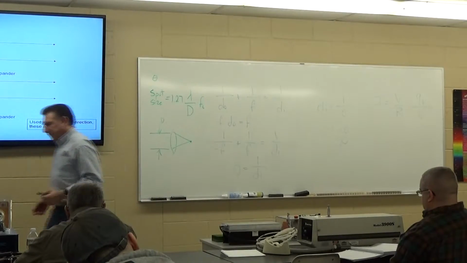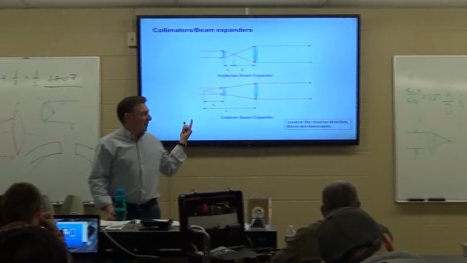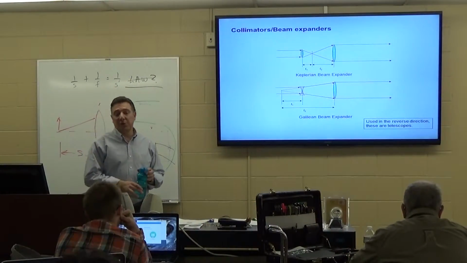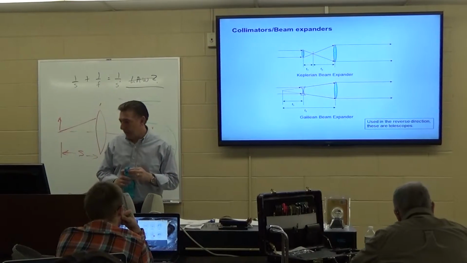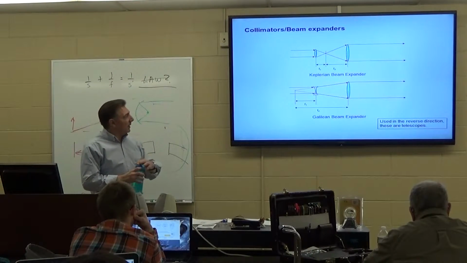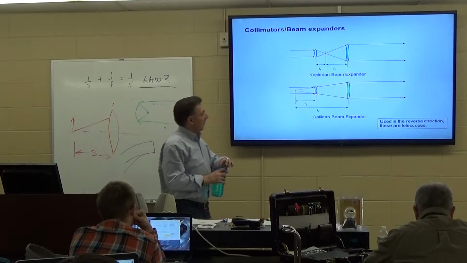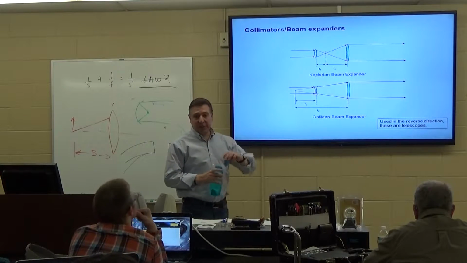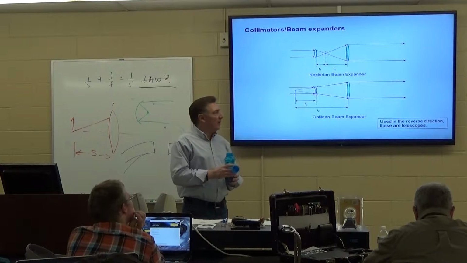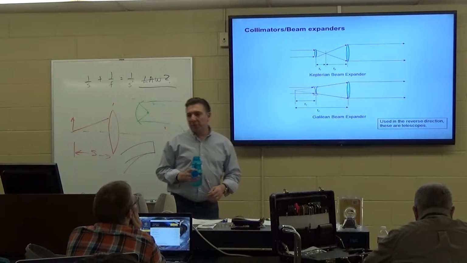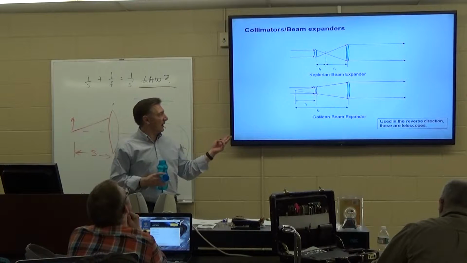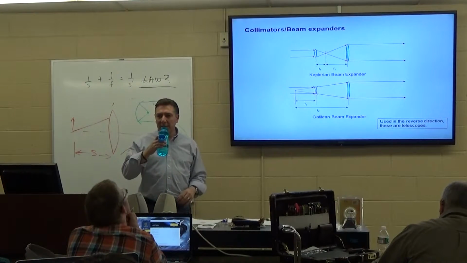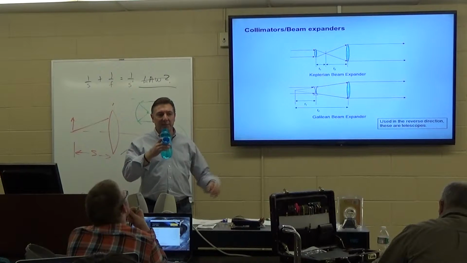These are design equations that give you good approximations for modeling optical systems. So in this Keplerian beam expander, there's a different variation called the Galilean beam expander that uses a negative lens. Is there any difference between those? One uses two positive lenses, one uses a negative and a positive lens. Any issues with that? Why would you use one over the other?